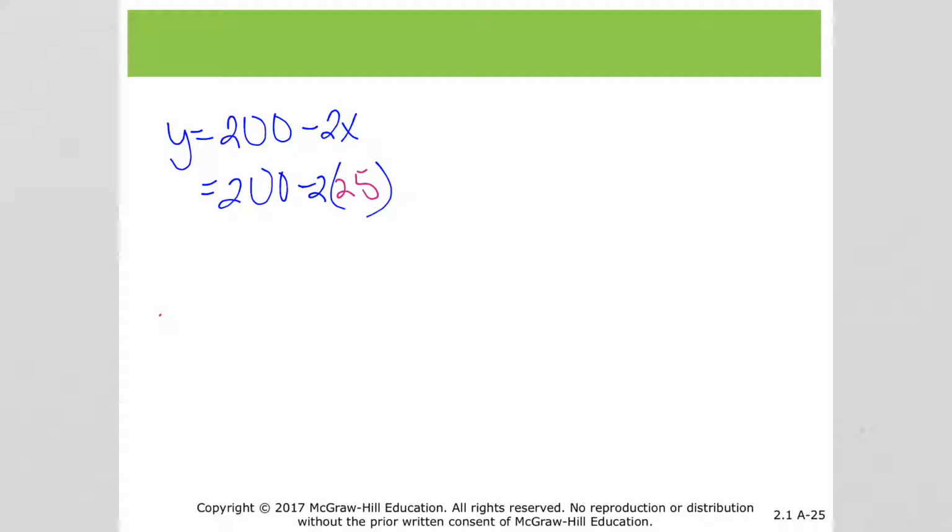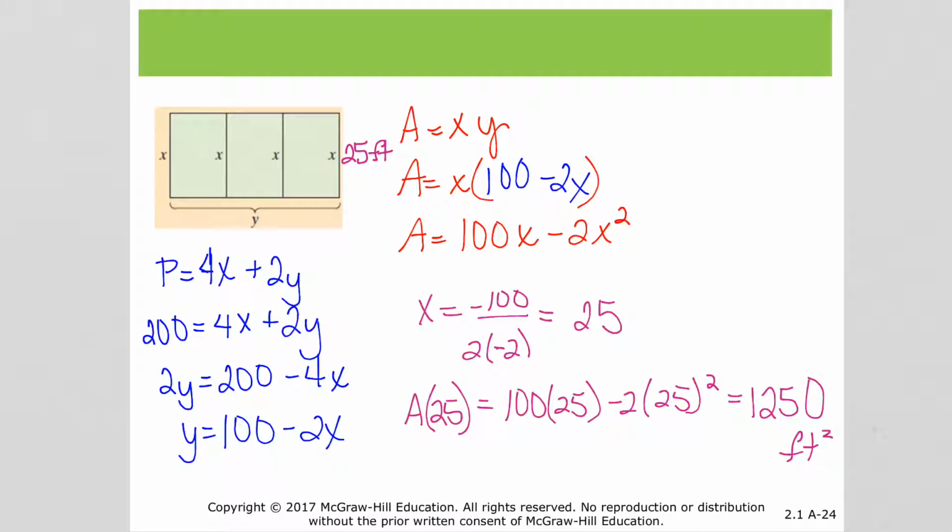That'll be easier. y equals 200 minus 2 times our 25. So that's 200 minus 50, or 150. So y, this whole distance from here to here, is 250 feet.